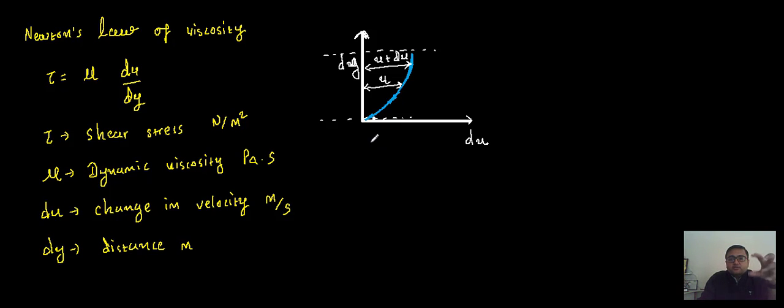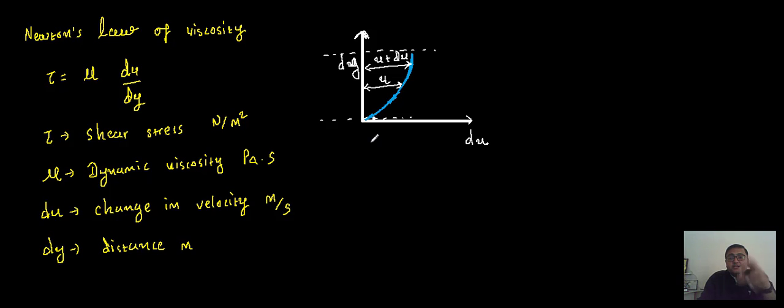Initially we are discussing fluids. Whenever we take the velocity of the fluid, we need to divide it into a number of layers of the fluid. This is the application of derivation, if you understand this philosophy.